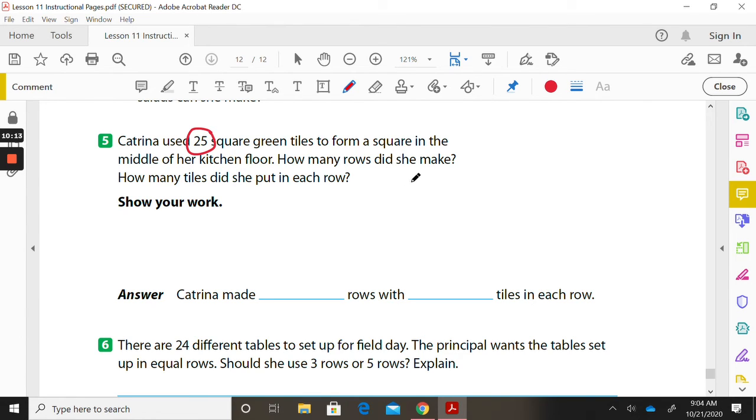So let's do that. 1, 2, 3, 4, 5. So 5. 5 more would make 10. 5 more would make 15. 5 more would make 20.